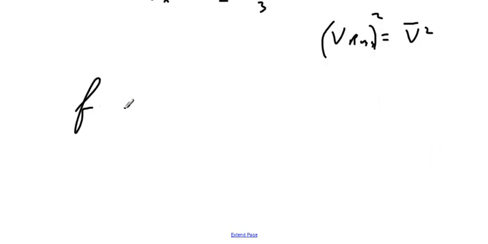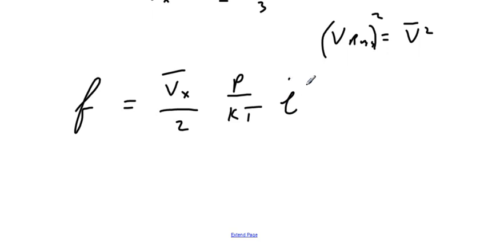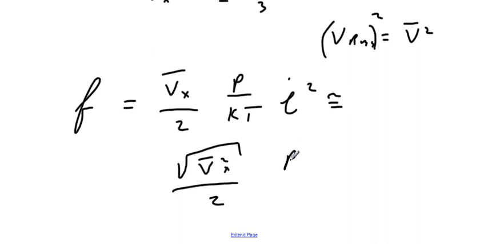We're going to have F, the frequency, Vx bar over 2 P over KT L squared, which is approximately the same as the square root of V bar x squared over 2 P L squared over KT. Okay, so we have that.